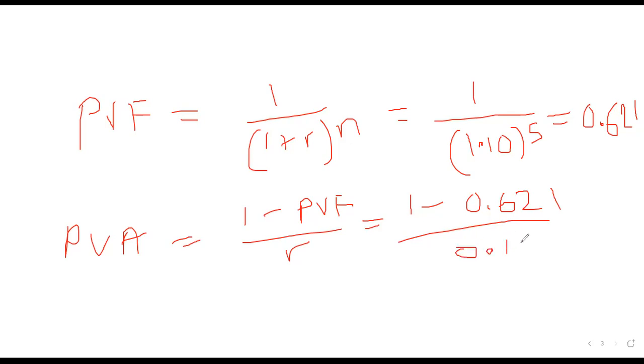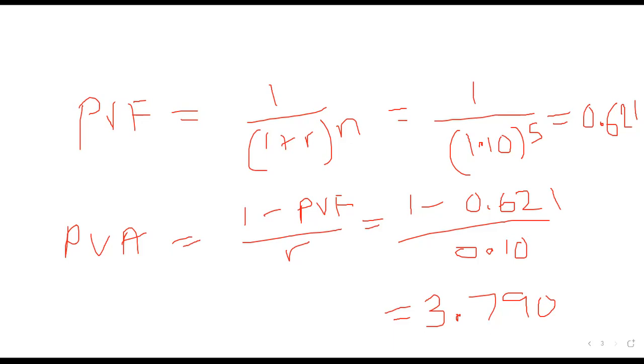What are we getting here? 1 minus 0.621, everything divided by 0.1. What are we getting? 3.79. That's it.